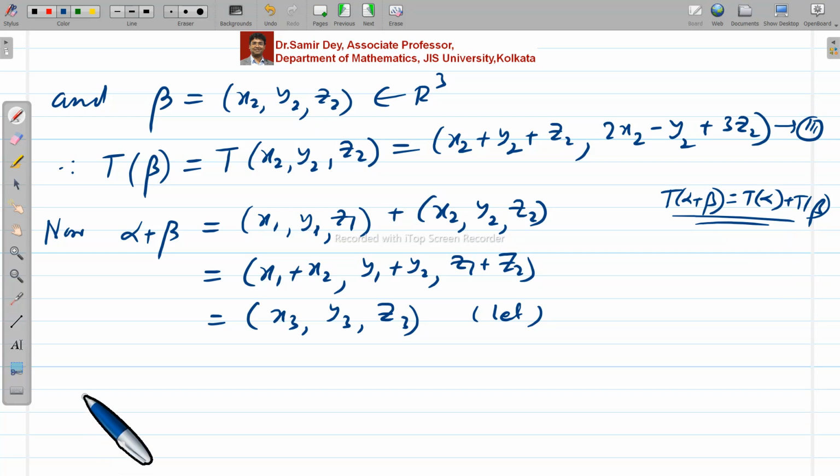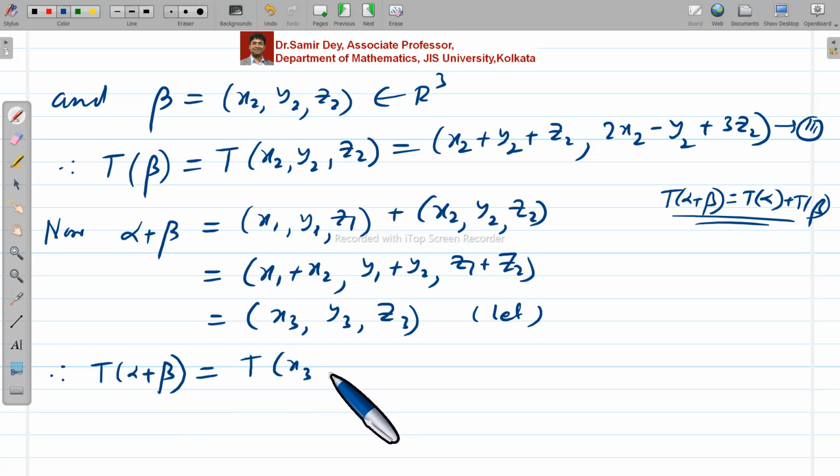Okay, so please write down. Therefore T(α + β) = T(x3, y3, z3). Now we are applying T to these coordinates or vector.